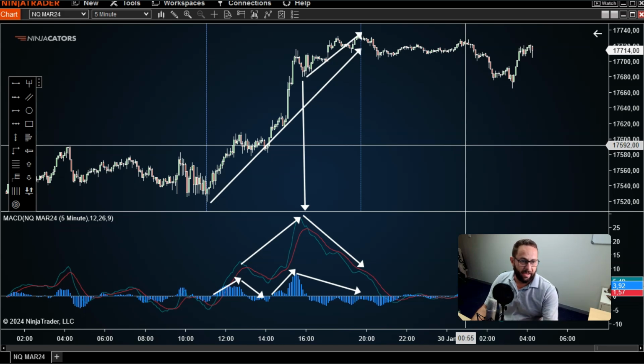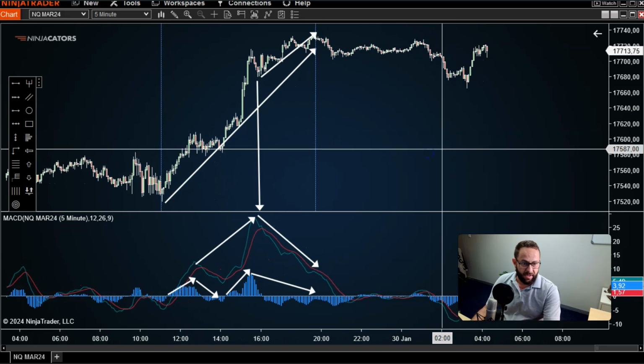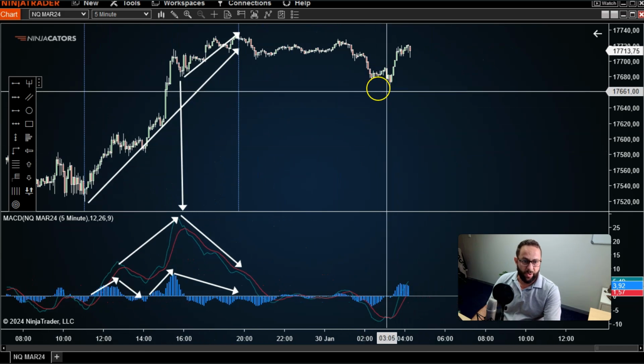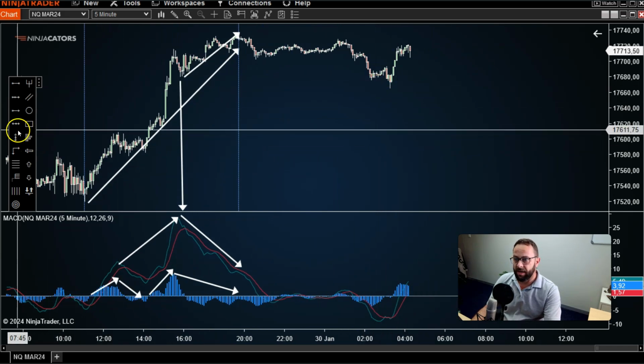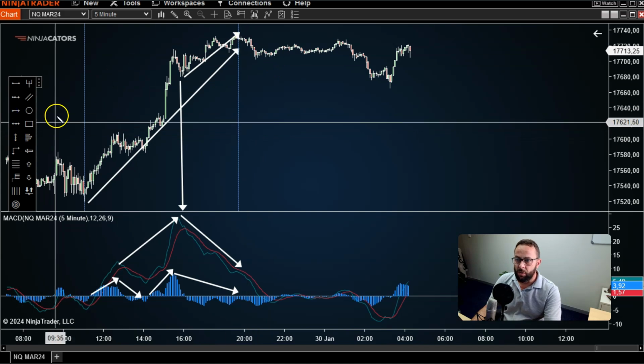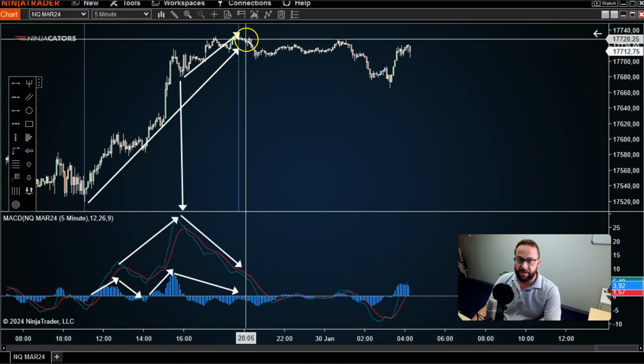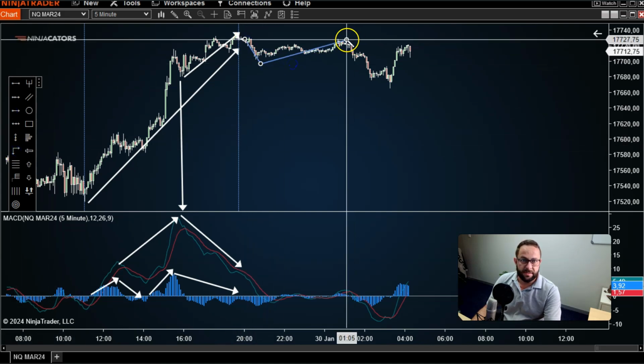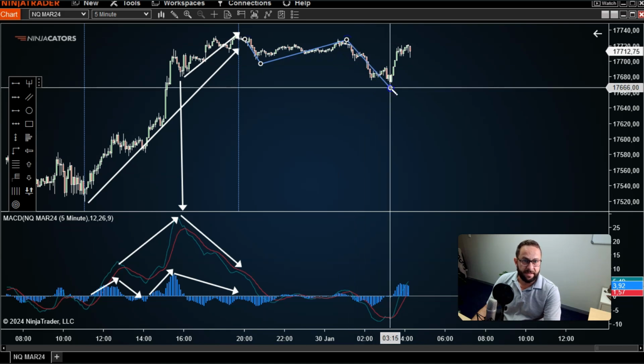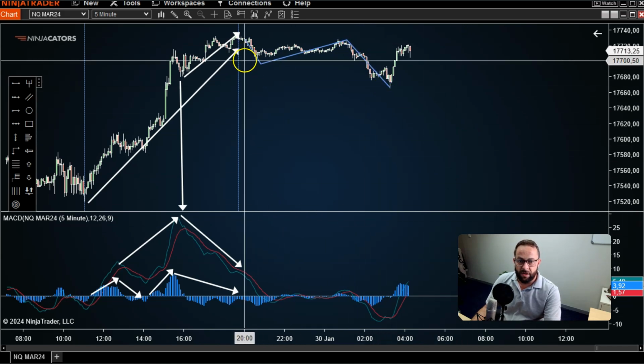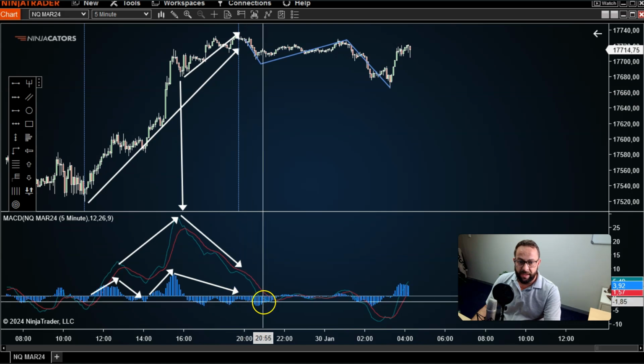Alright, I typically like to see momentum divergence between two different points. You can even see during this decline over here, although this was probably just corrective in nature, we won't know this until obviously after the fact, but you can see that price started with a decent amount of momentum.